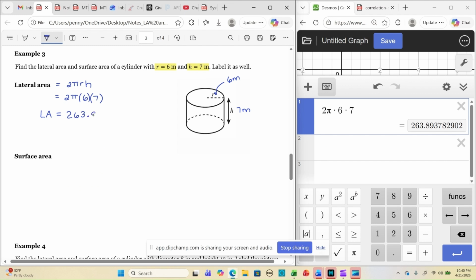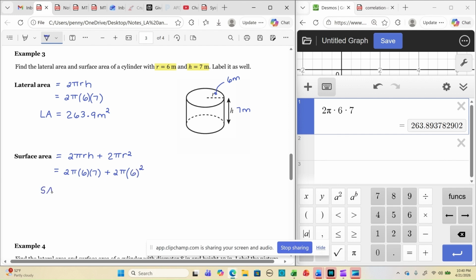And that's meters squared. All right, surface area, 2 pi RH plus 2 pi r squared. All right, we've already done the 2 pi RH, so 2 pi times 6 times 7 plus 2 pi times the radius squared, so 6 squared.